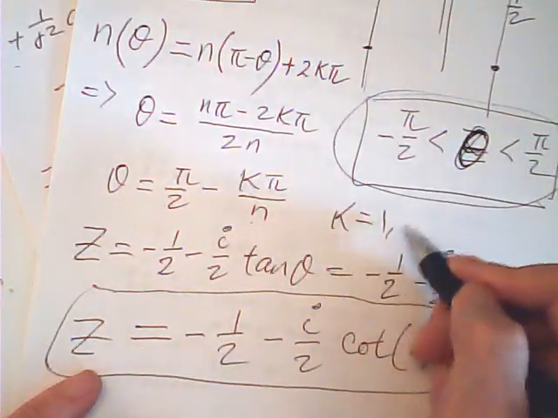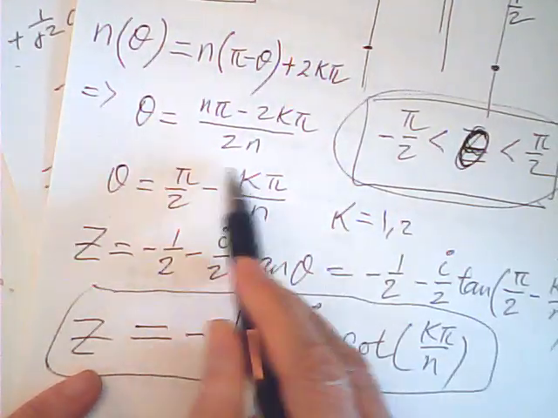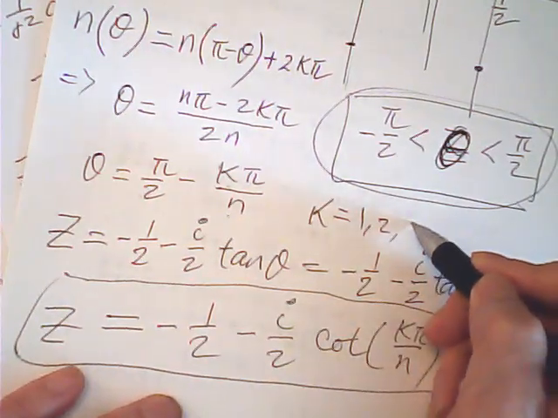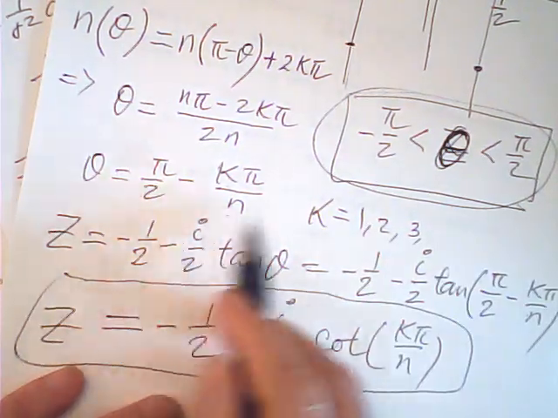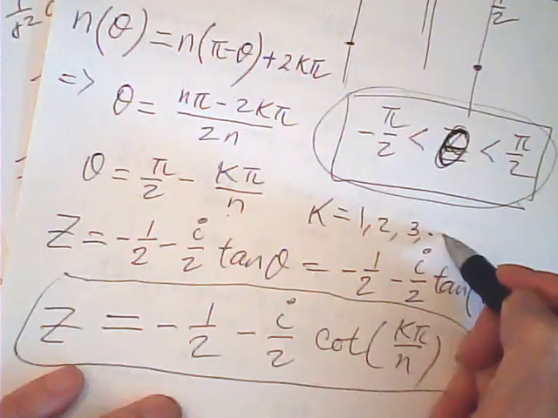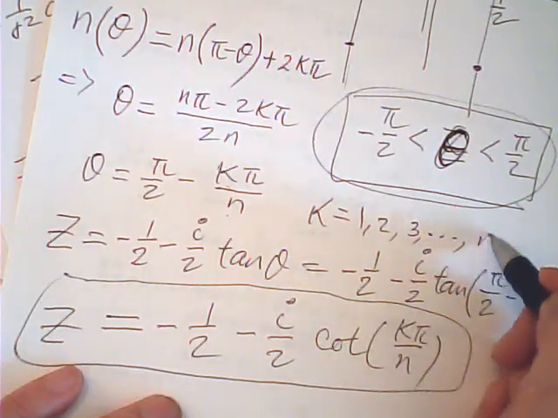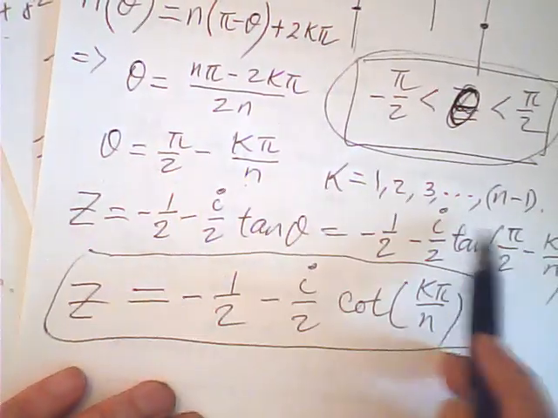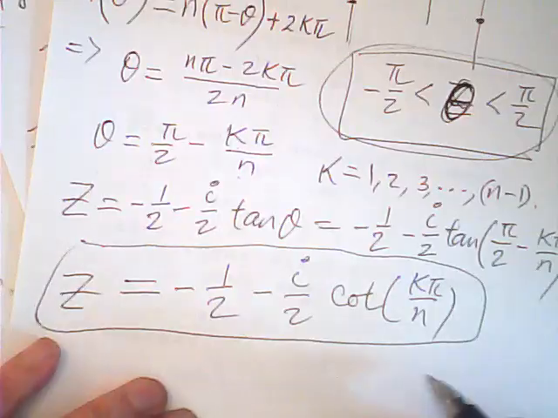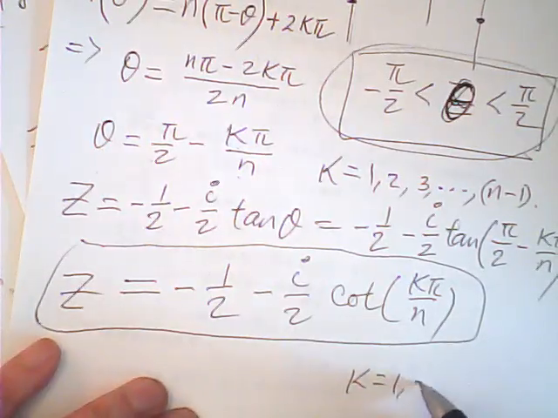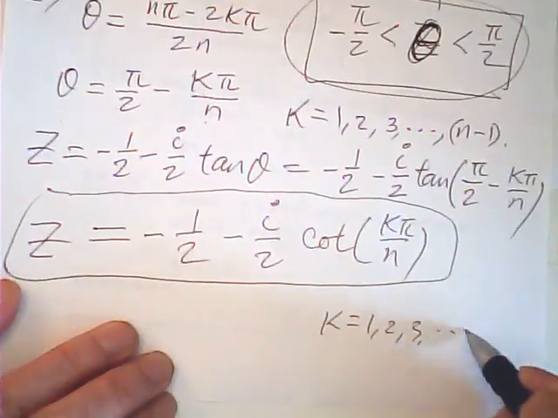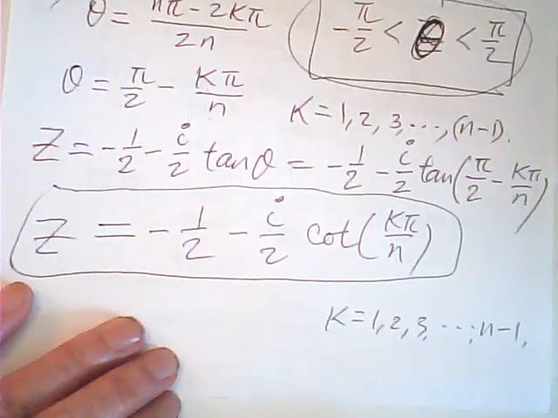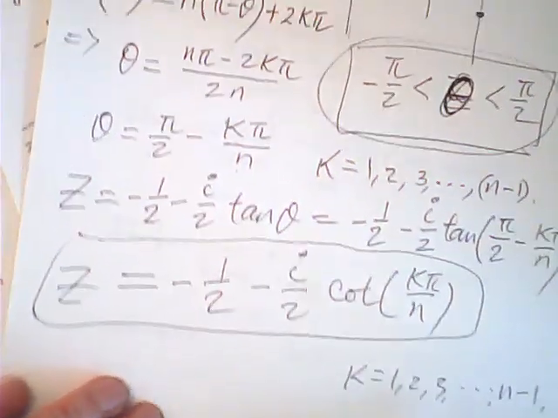It's okay. 2, this angle is less than half pi. It's okay. 3, okay, and until n minus 1, right? Yeah. So we get n minus 1 solutions.